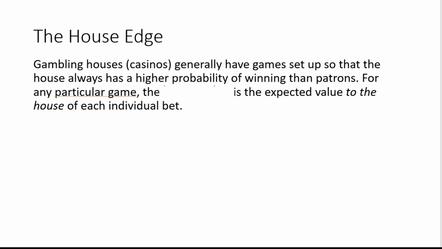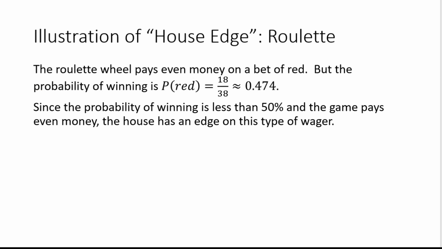The house edge. Gambling houses or casinos generally have games set up so that the house always has a higher probability of winning than patrons. For any particular game, the house edge is the expected value to the house of each individual bet. Here's an illustration of house edge with roulette.